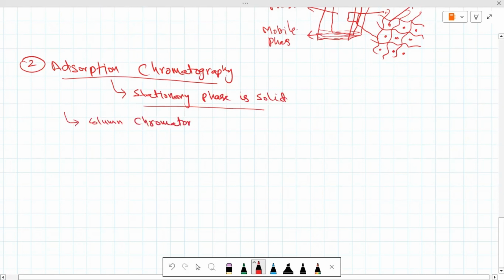Most of the time, a solid is used as the stationary phase in column chromatography.